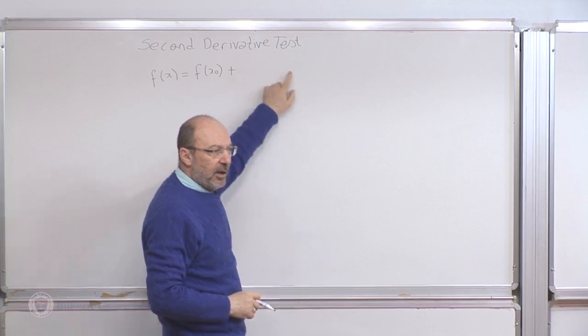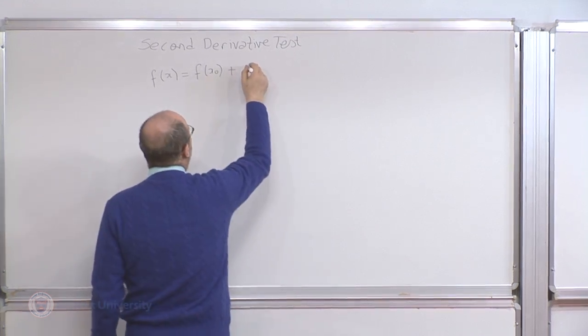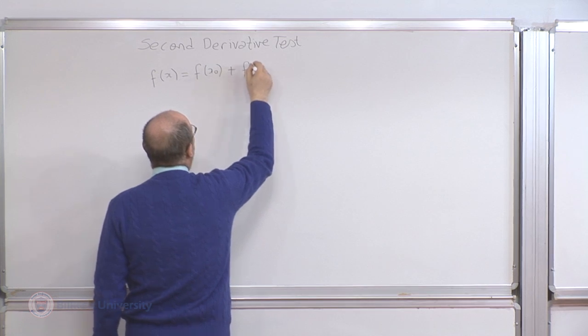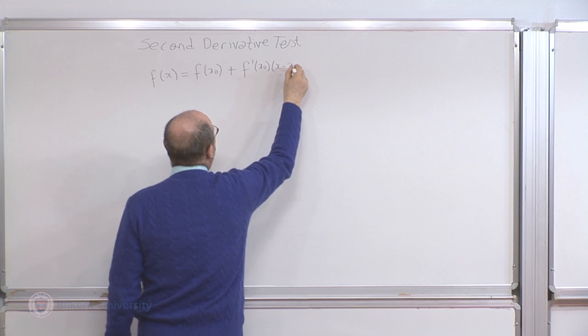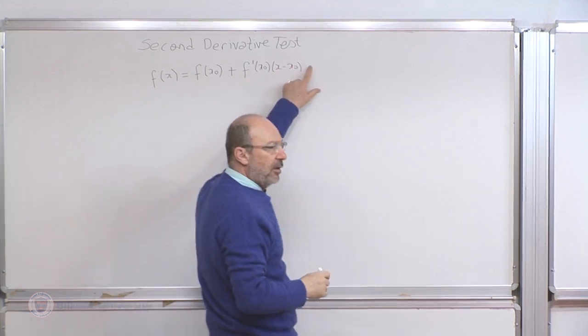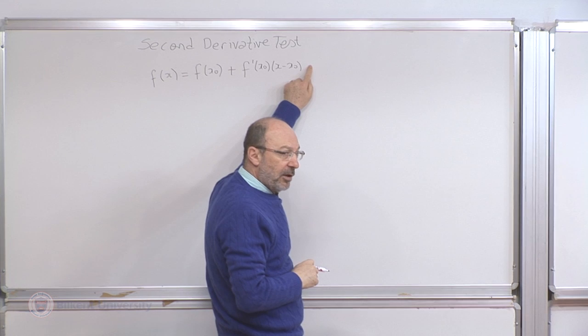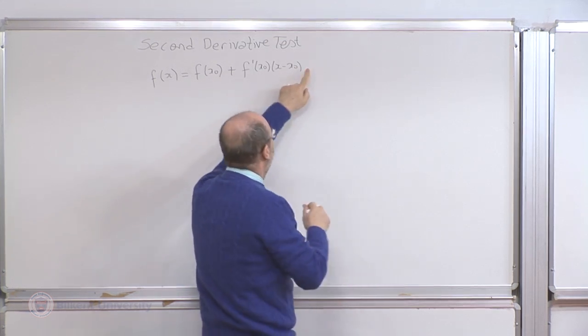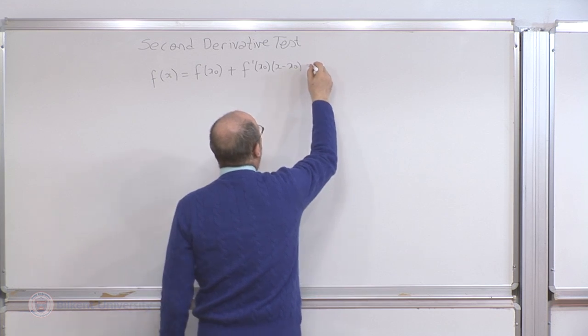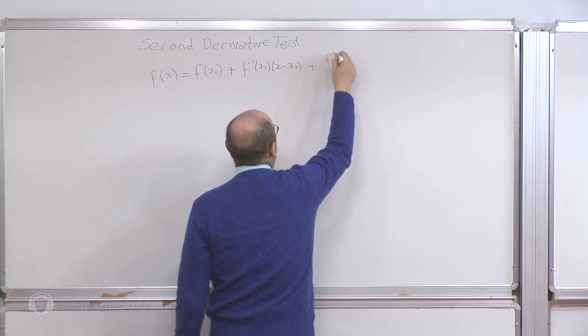So we'll carry it a little bit more. We'll say that we can approximate this by the first derivative times x minus x sub 0. Now here is the error. This is one variable. So this is the equation of the tangent line, and the error is given precisely by this thing.